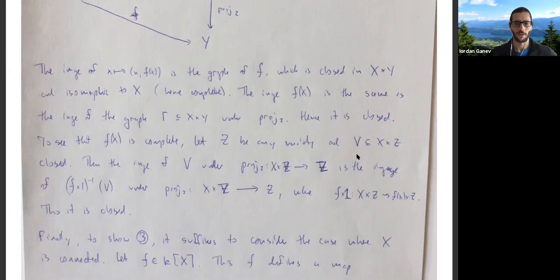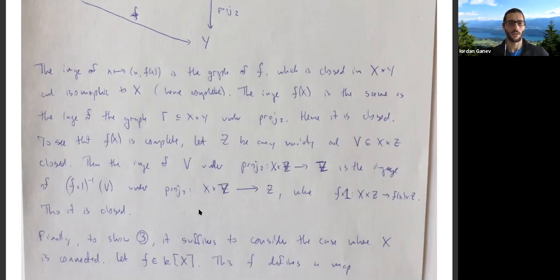Yeah, something is not quite right here. I think what we want is to take V to be closed inside of f of x cross z. And here we also should have f of x cross z, not x, and then it works.